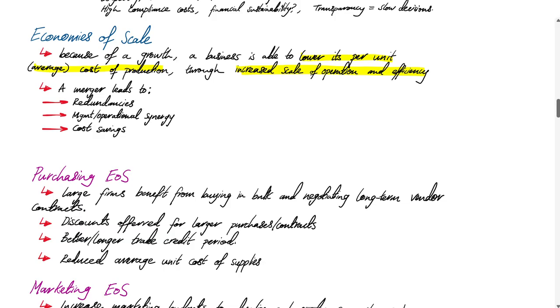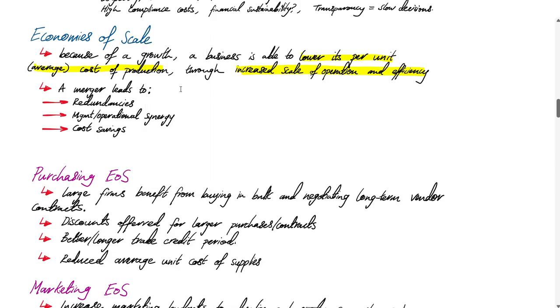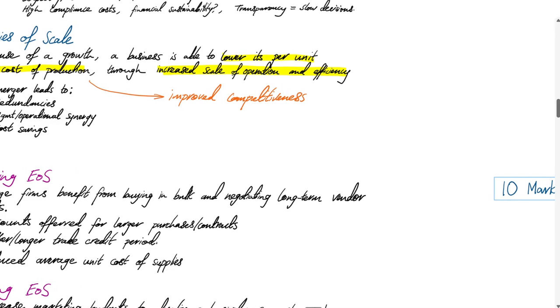And because of lower average cost, we improve competitiveness, right? So I can maybe make an annotation there. Let's use orange. Lower average cost and efficiency. We have improved competitiveness. That's one reason, right? Now we can charge lower prices, or we are more efficient, so we are making larger margins, right?